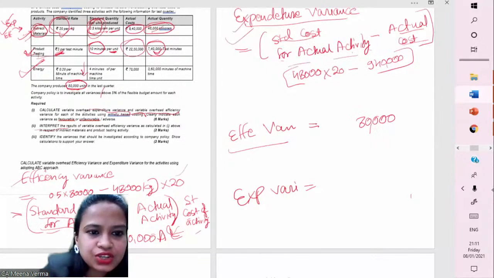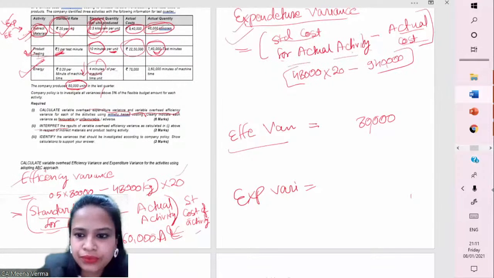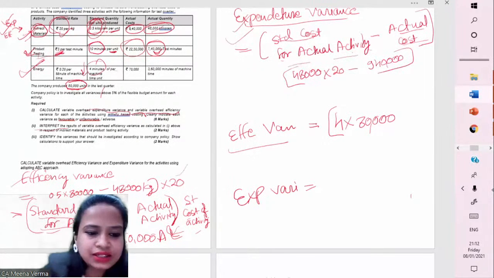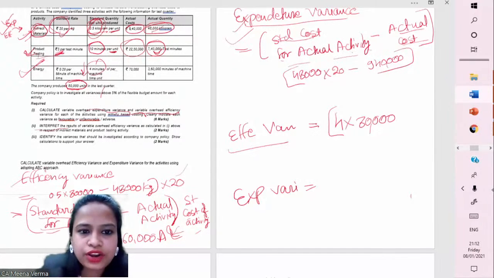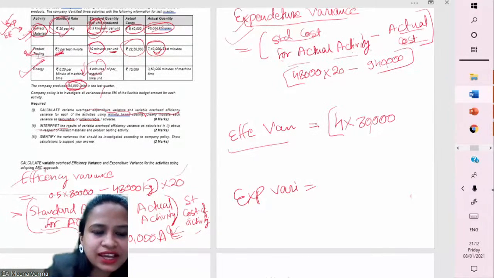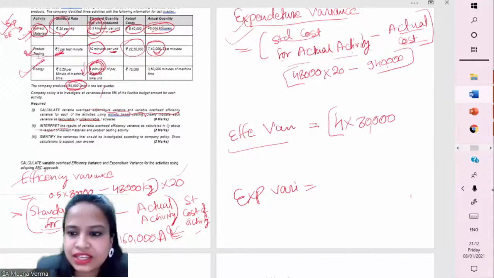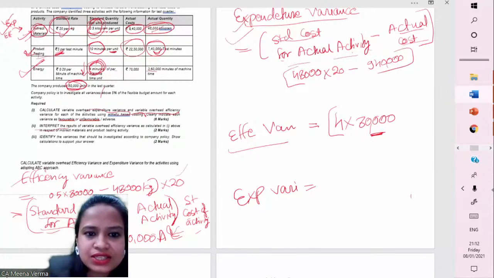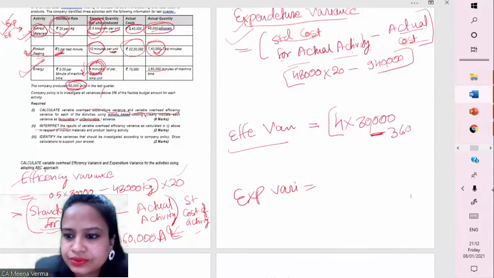Energy, how much energy will you consume? 4 minutes per machine time. For 4 minutes, you will get the standard activity for actual output. Your actual output is 80,000 and standard activity is this, minus your actual activity is this. So this way you can get the efficiency variance.